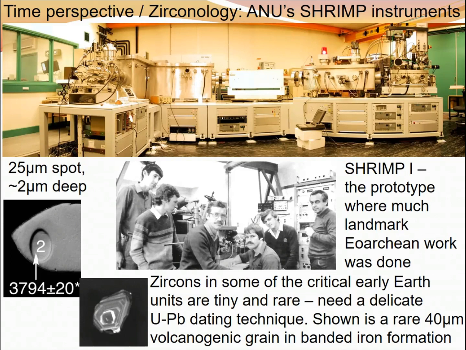And then off on the left-hand side there is a reflected light image of a typical analytical site after analysis, 25 micron across spot, but it's only 2 microns deep. So it's the closest you can come to a non-destructive dating technique.